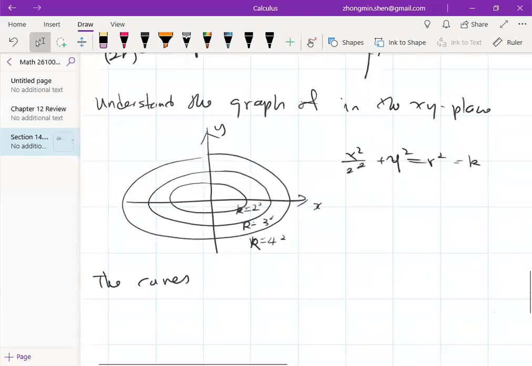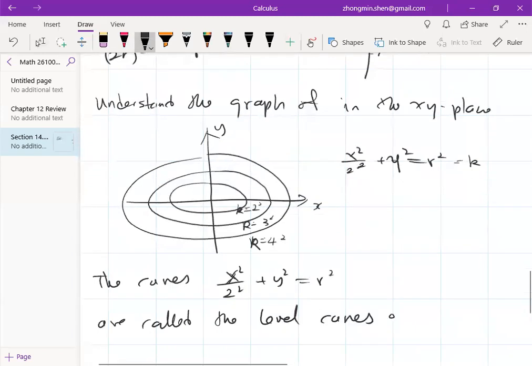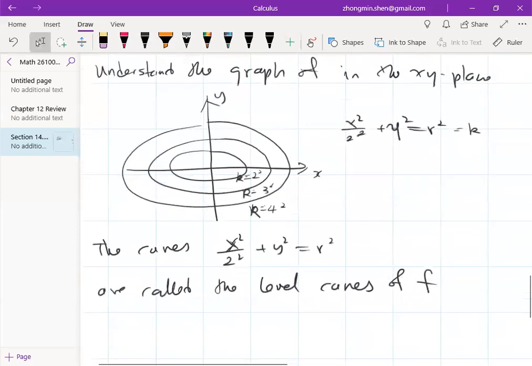The curves x squared over 2 squared plus y squared equals r squared are called the level curves of f, and they tell you how high the graph is in the space above the curve.